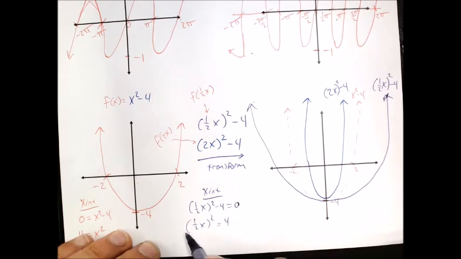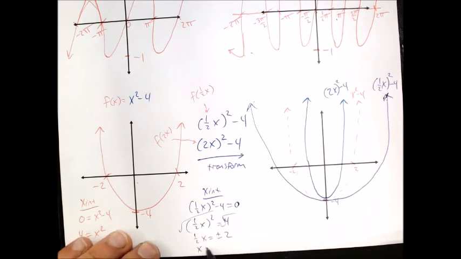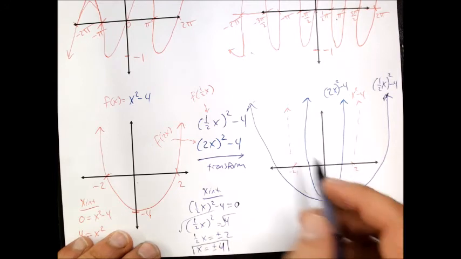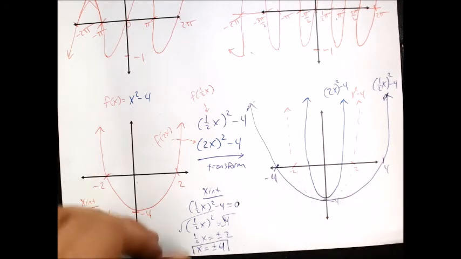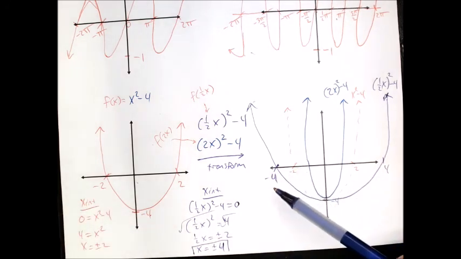We take a square root, and we get that 1/2 x equals plus or minus 2. Then we multiply by 2, and we see that x equals plus or minus 4. And so our stretched out ones are at plus or minus 4 now. That should make sense because we stretched it by a factor of 2. It used to be at 2, now it's at 4.